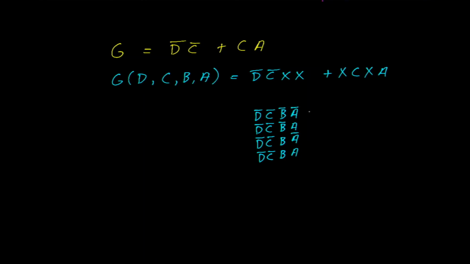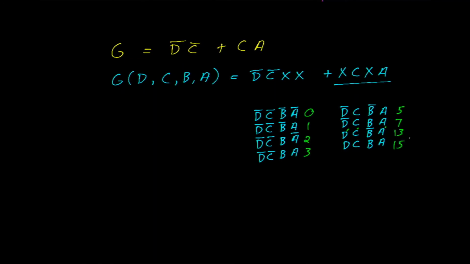giving us minterms 0, 1, 2, and 3. The second term expanded gives us minterms 5, 7, 8 plus 4 plus 1 is minterm 13, and finally minterm 15.